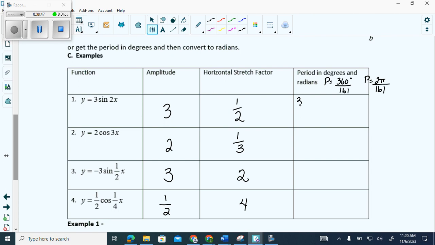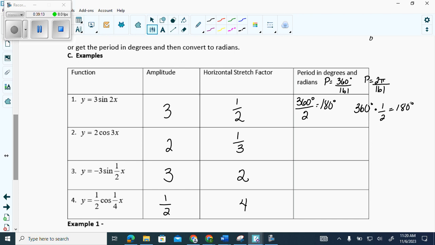So we could go 360 divided by 1/2, which is actually, sorry, divided by 2. Why are we dividing by 2 and not 1/2? Because it's b. So we would get 180 degrees. Or we can do 360 times the horizontal stretch, which is 1/2, which is still 180.